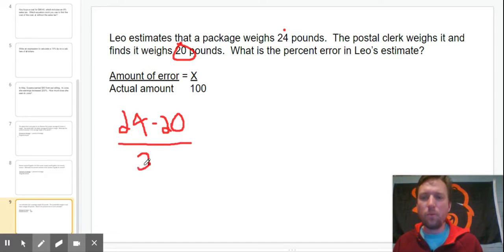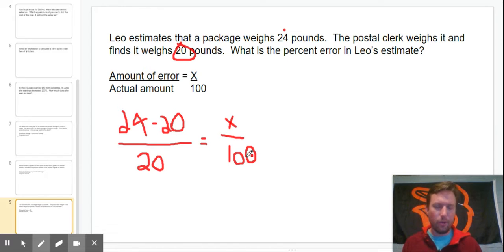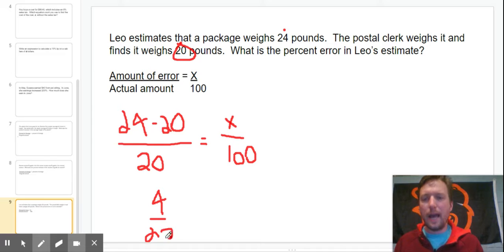That's going to equal x over 100, because we're trying to find the percent of error. Now we have filled in our information into our formula, and we're going to solve it. 24 minus 20 gives me 4. 4 over 20 equals x over 100.